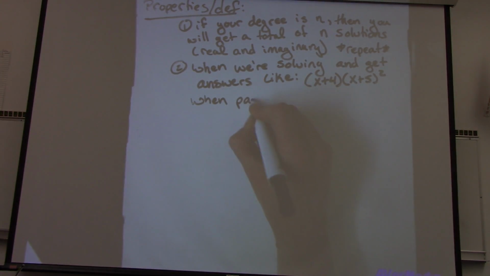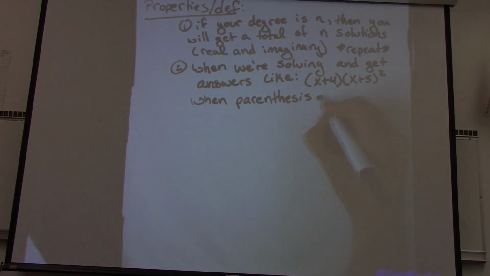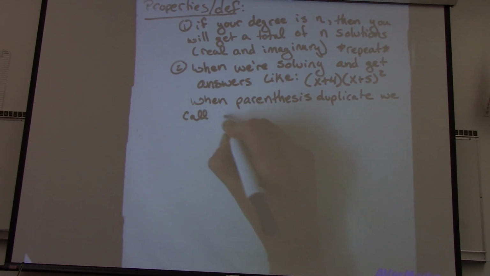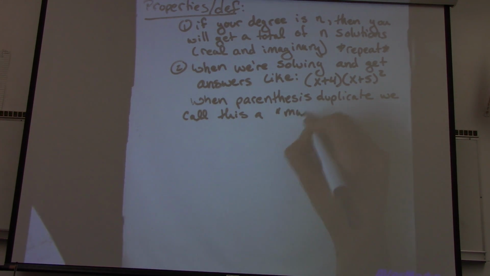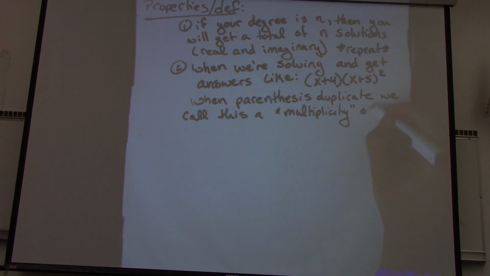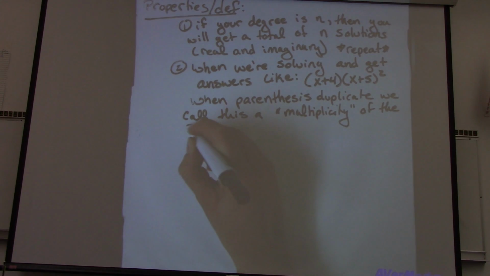When those parentheses duplicate, we call this a quote-unquote multiplicity of the zero.